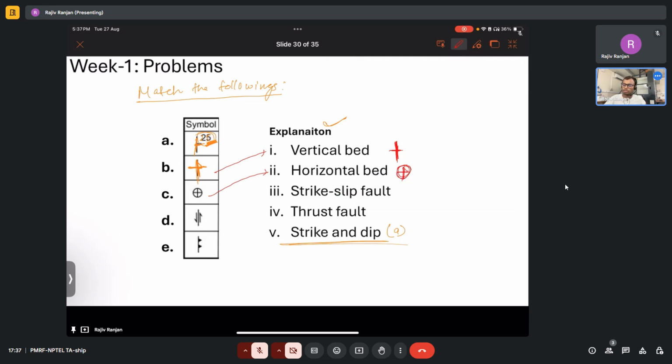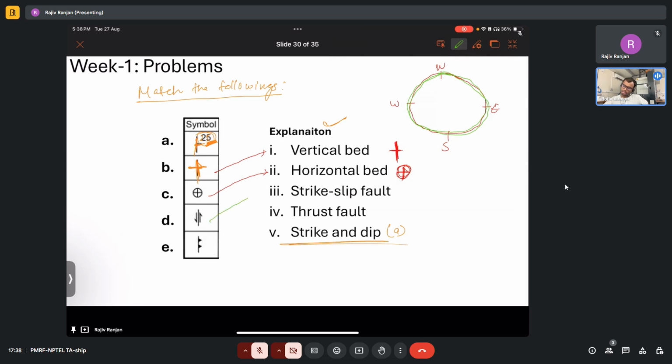We know in a stereographic projection, a horizontal plane would be on the circumference. We discussed it during the class. So this is a horizontal plane.